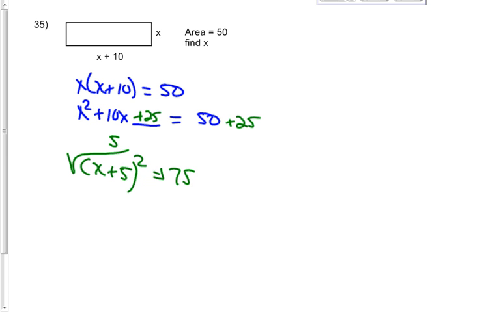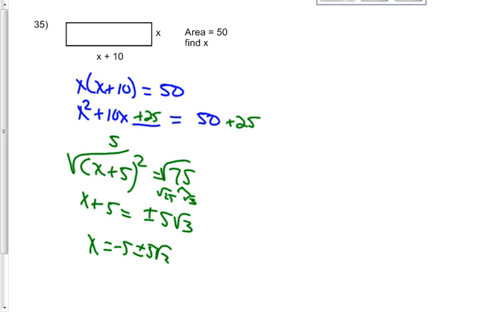Square root on both sides. x plus 5 equals plus and minus. Break this apart into two pieces. Square root of 25, square root of 3 becomes 5 root 3, and then we'll subtract the 5. x equals negative 5 plus or minus 5 root 3.